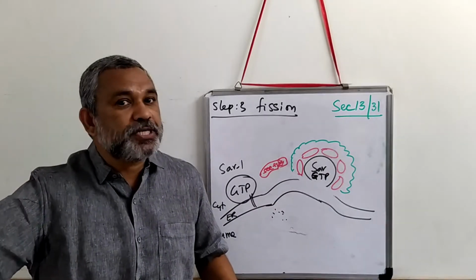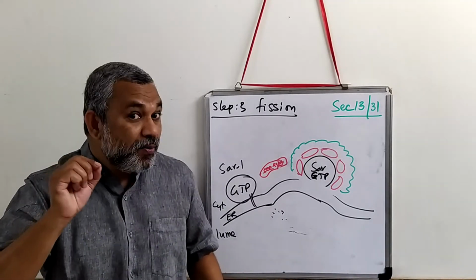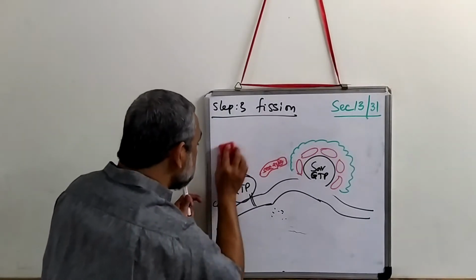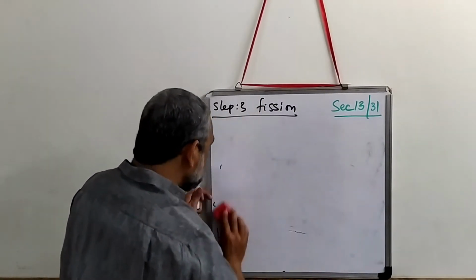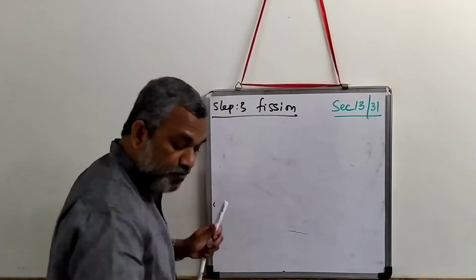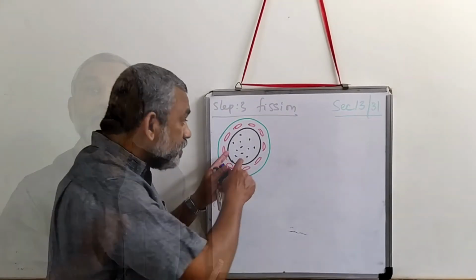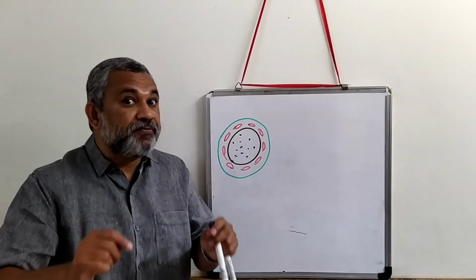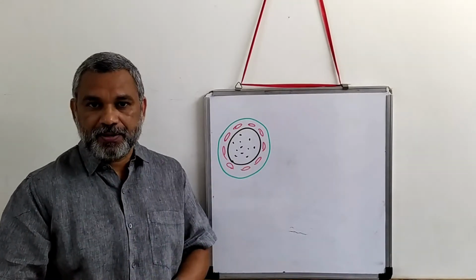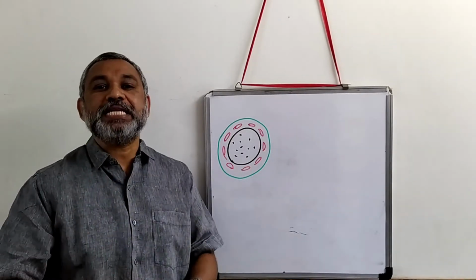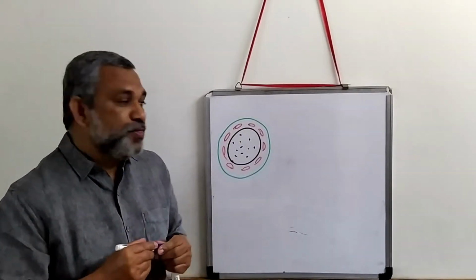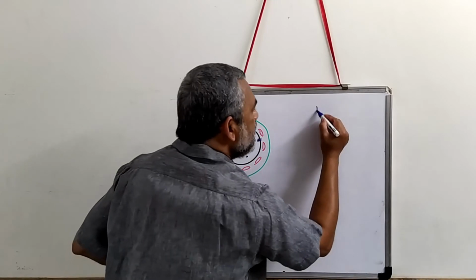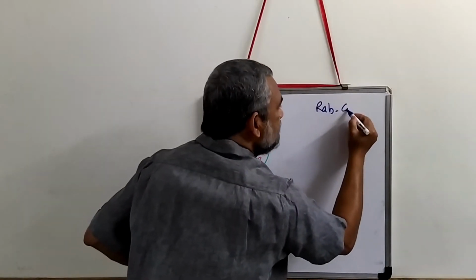It can be transported to a location. Now, the next step is that the vesicle must get fused with the membrane. So this is the vesicle that is formed, that got pinched off. Two important proteins get associated when the vesicle is formed. One is called RAB GTP.